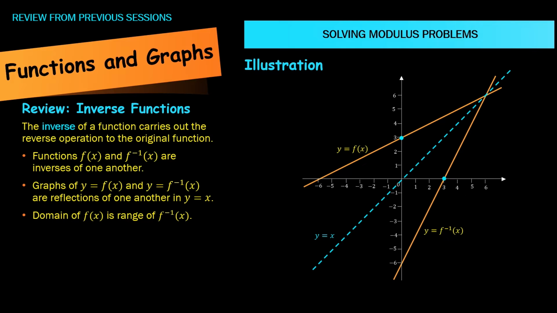So, the point 3, 0 is on the line y equals f inverse of x. And similarly for the point minus 6, 0, or equivalently 0, minus 6. The range of f of x is also the domain of f inverse of x.